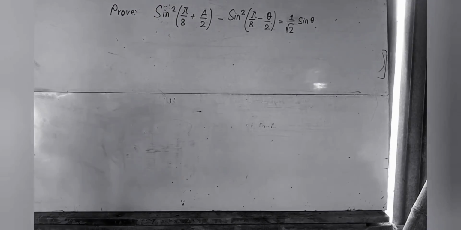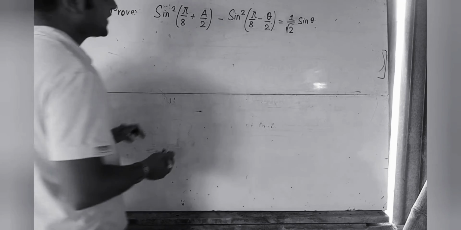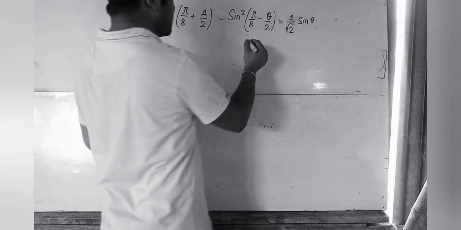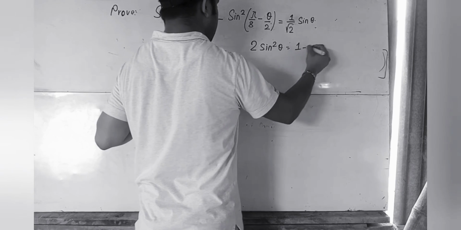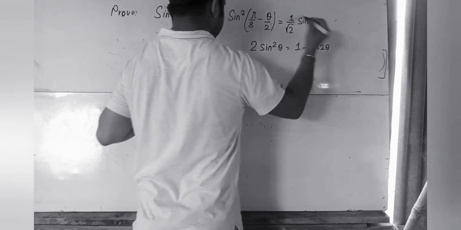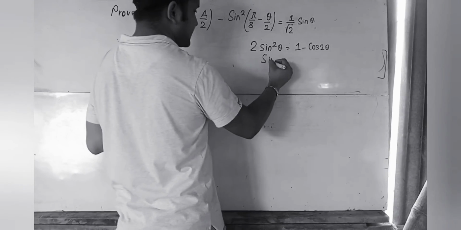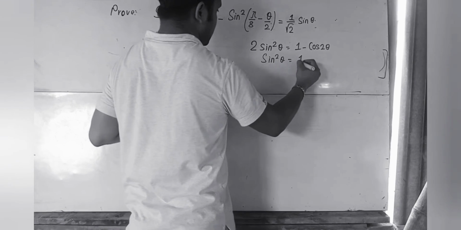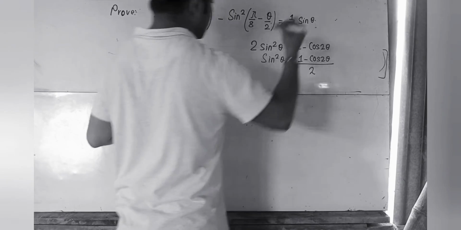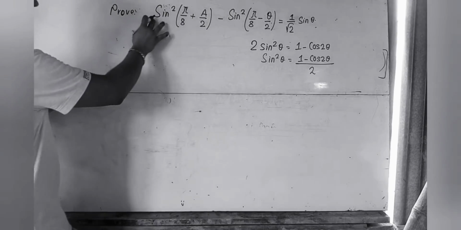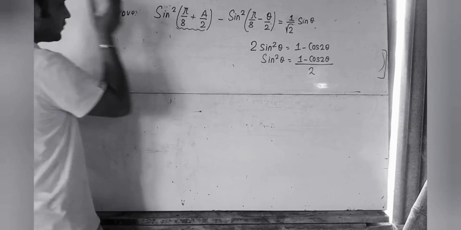Okay, now let us see. Let us recall the formula for sin square theta. 2 sin square theta is 1 minus cos 2 theta. So we can say that sin square theta is 1 minus cos 2 theta by 2. On the basis of the same formula for sin square, we assume this whole angle to be theta.